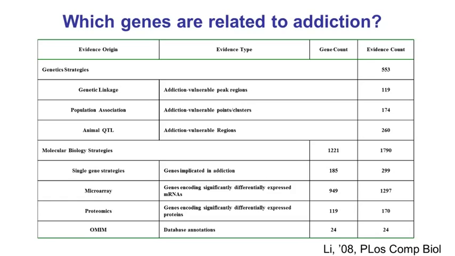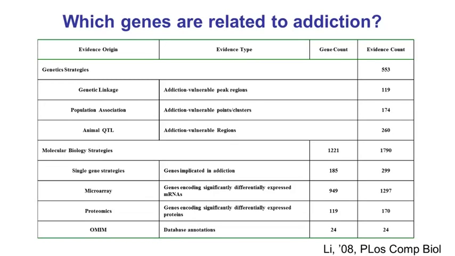The first is evidence from genetic studies such as linkage analysis and association studies, and the second is evidence from molecular biology experiments such as gene expression and proteomic studies. These two types of evidence each identified hundreds of genes related to addiction. However, only 4 genes are identified by both types of experimental approaches. The overlap is surprisingly small.